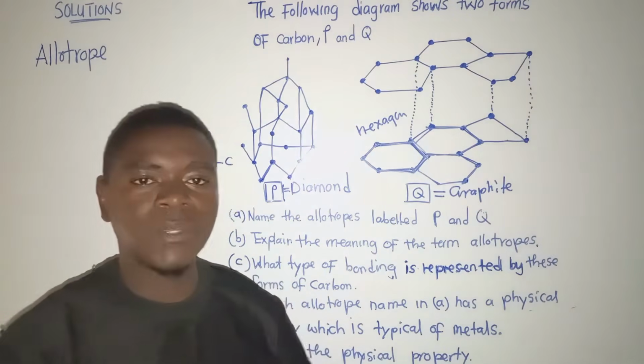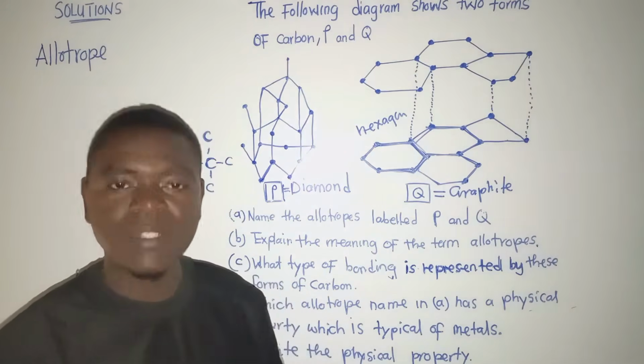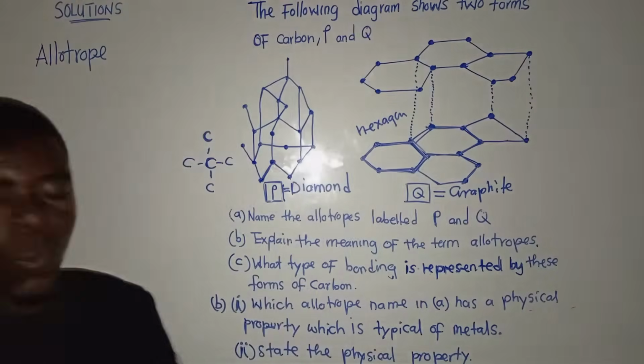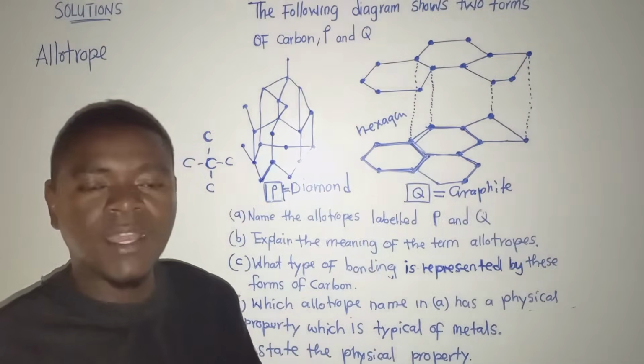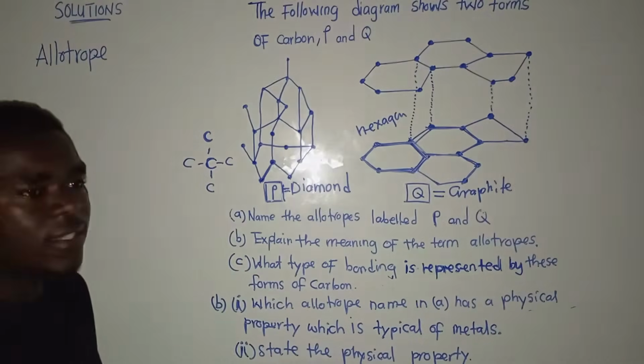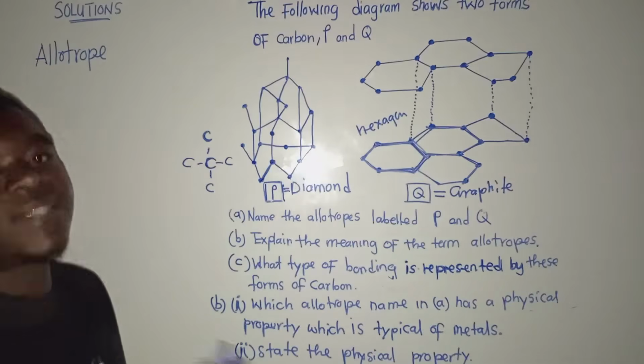So what does the word allotrope mean? This is the meaning. An allotrope is one or more forms of a chemical element that exist in the same physical state.